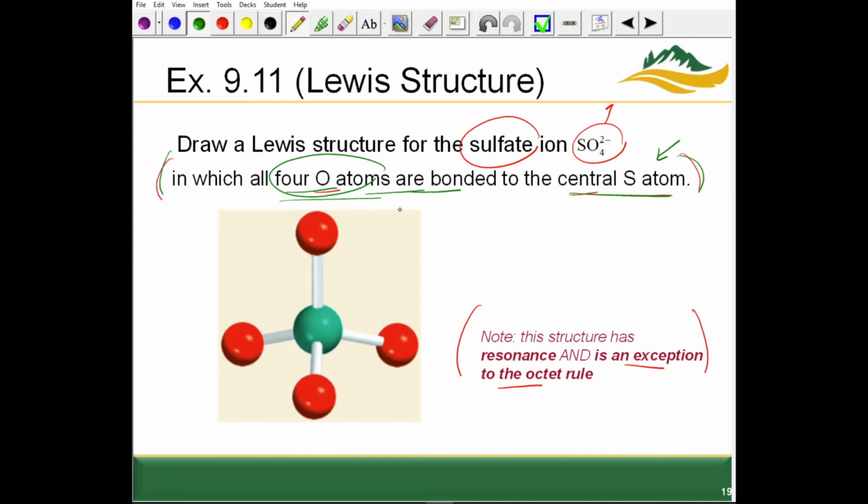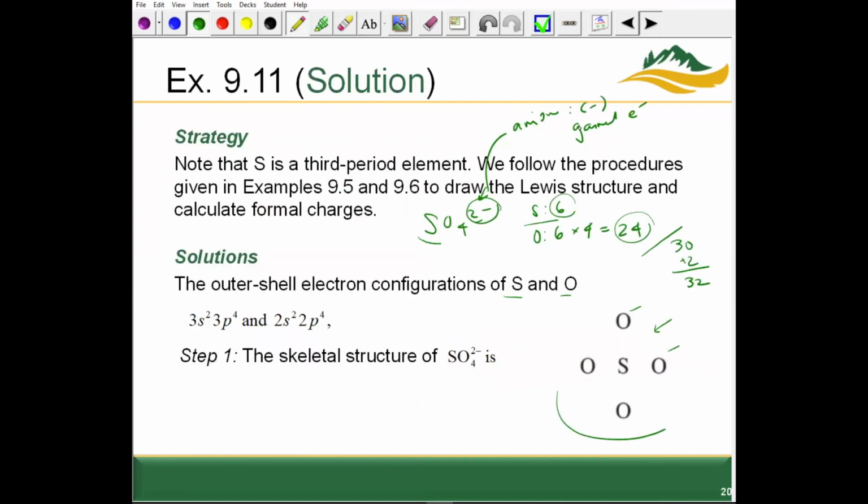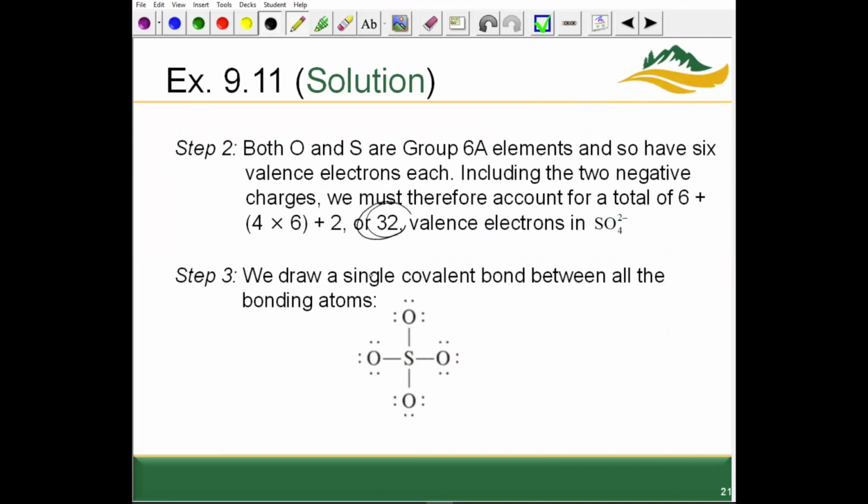So with this hint, we do know that all 4 oxygen atoms will be drawn around the central sulfur. Sulfur is also less electronegative than oxygen, so it makes sense that it's the central atom. And so we already counted the number of valence electrons. We have 32.